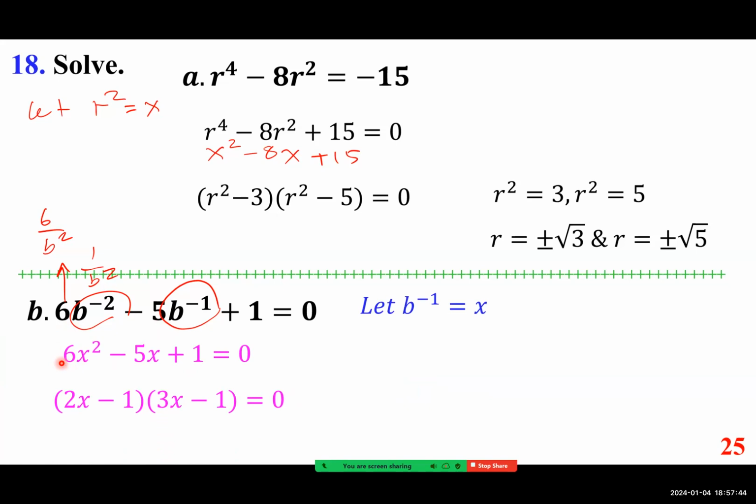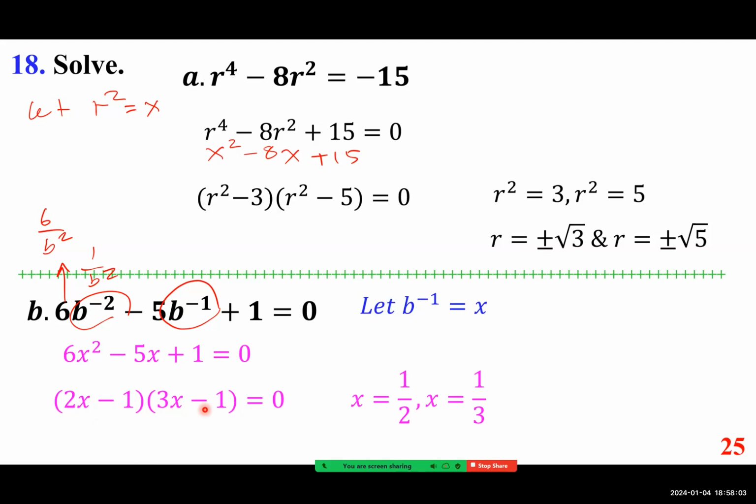And all you have to do, notice, the product of this one is 6x squared. The product of this one is positive 1. Now, this is -3x. This is -2x, so that works. So x is either 1/2 or 1/3.